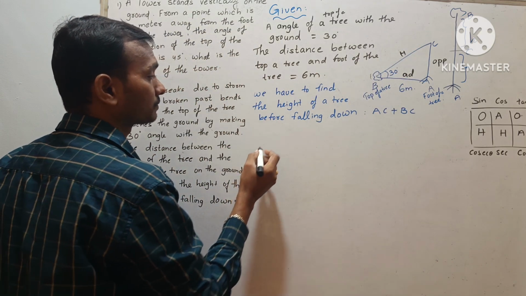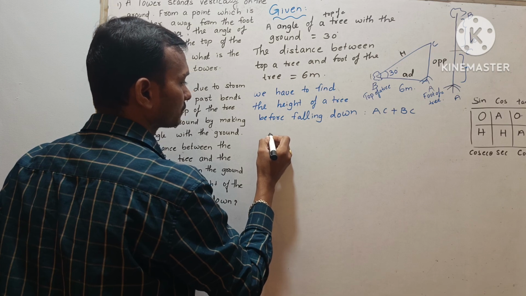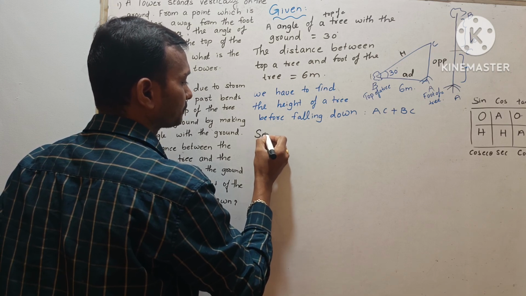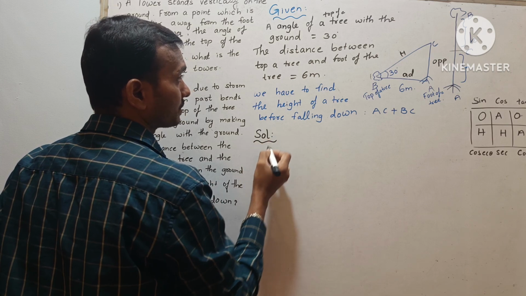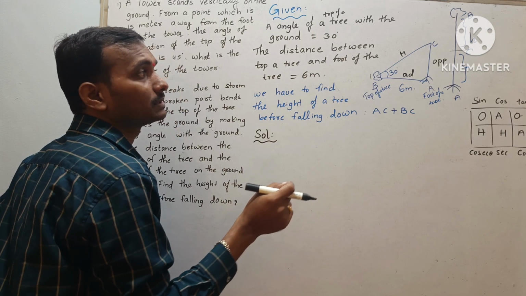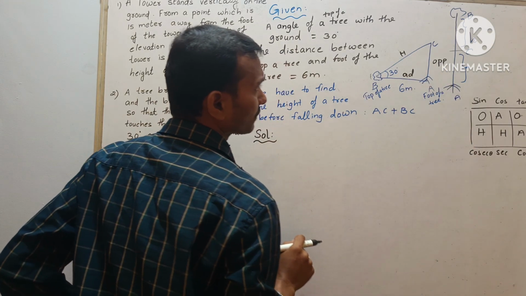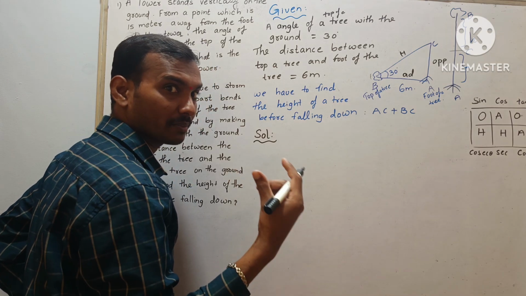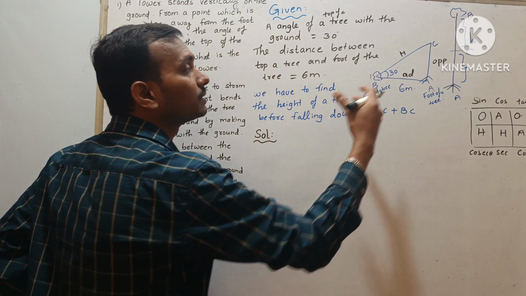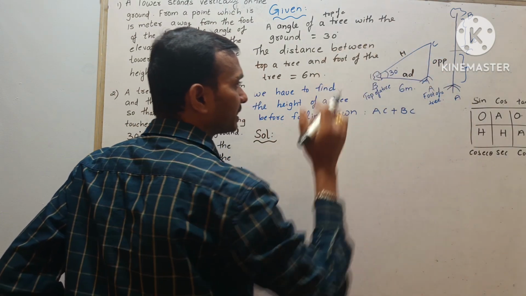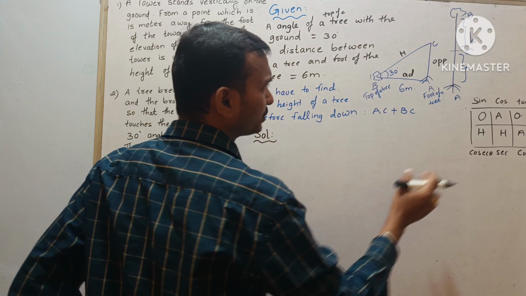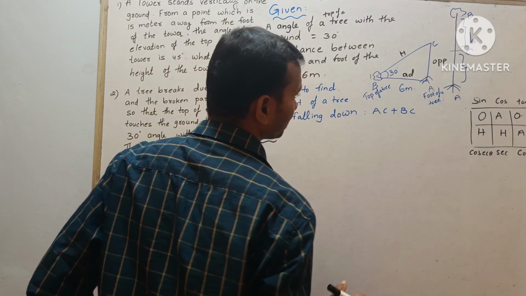So now, solution. First we have to use the relationship between adjacent and opposite. Which trigonometric ratio will give you the opposite and adjacent relation? The opposite adjacent relation is nothing but tan.